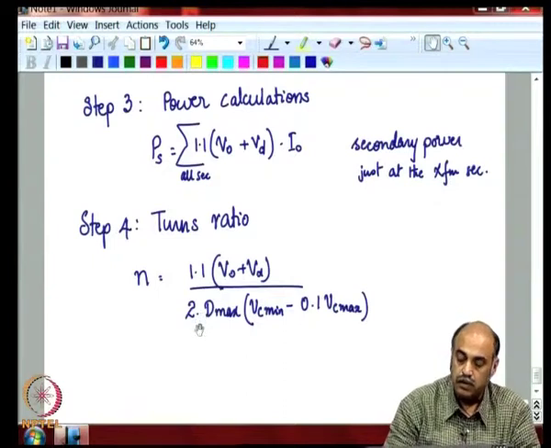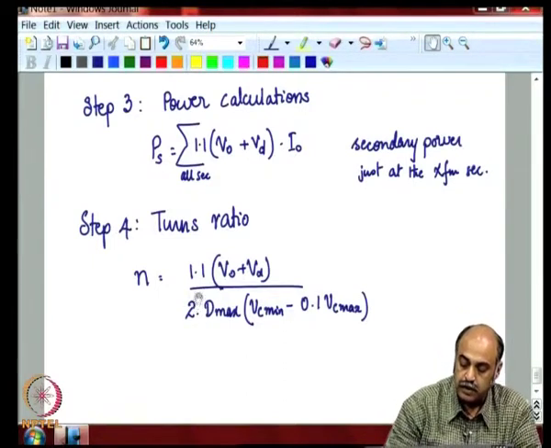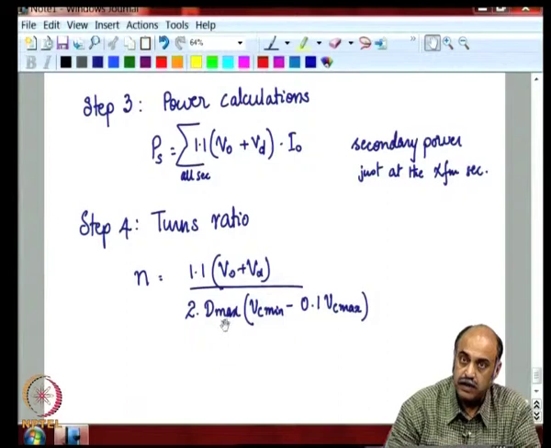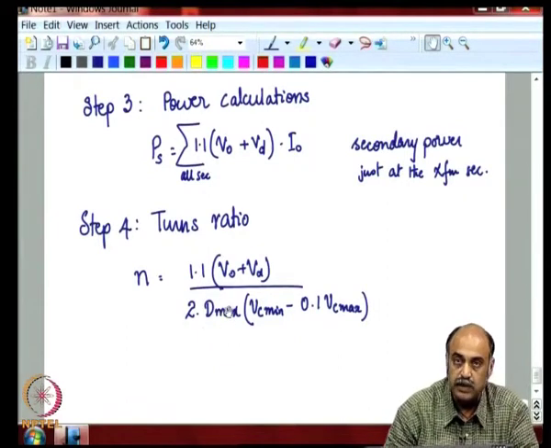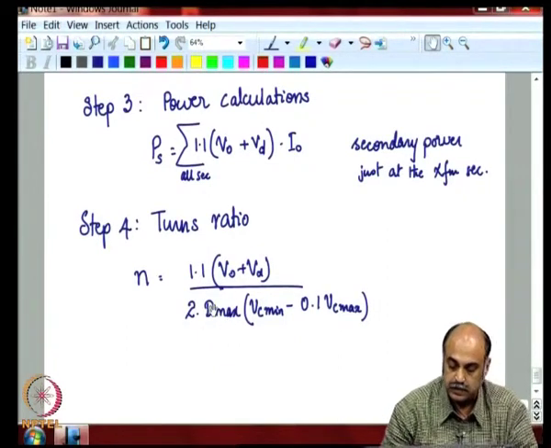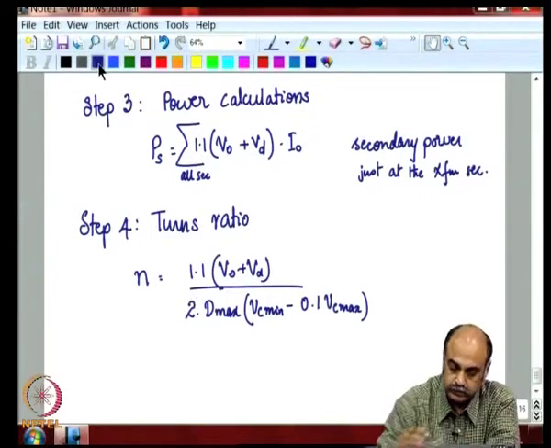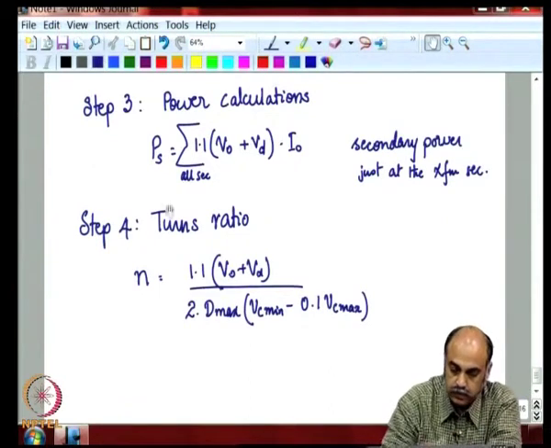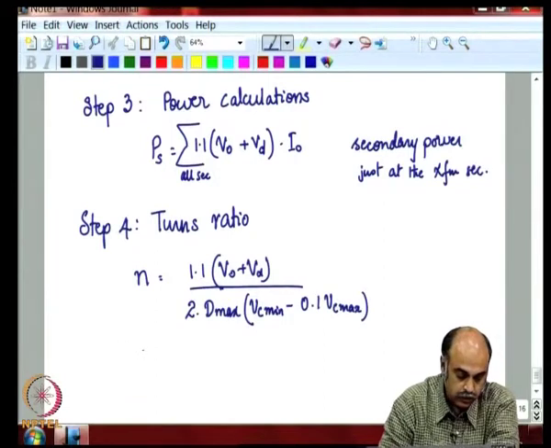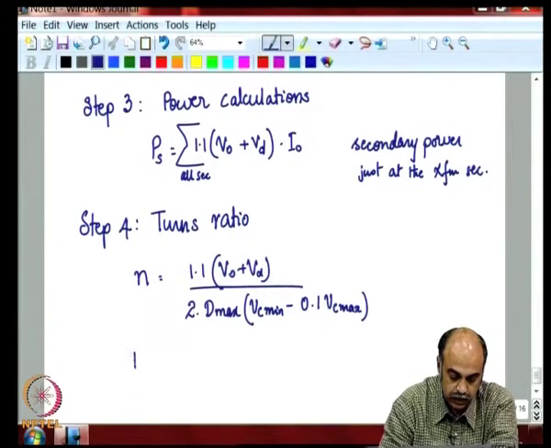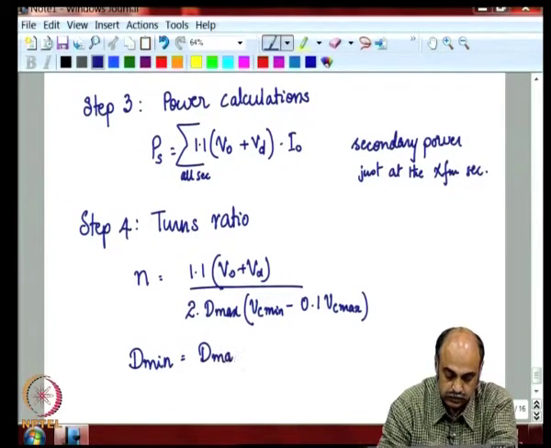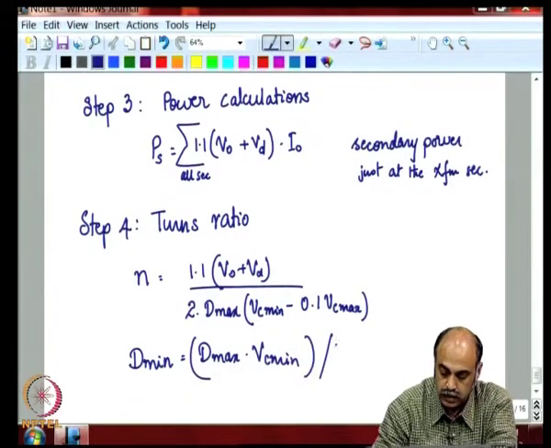You have 2 sets of windings center tapped, and the effective duty cycle is actually doubled, and so that is the D max that comes into picture. So, after the turns ratio, let us calculate the duty ratio D min, nothing but D max into Vc min by Vc max.